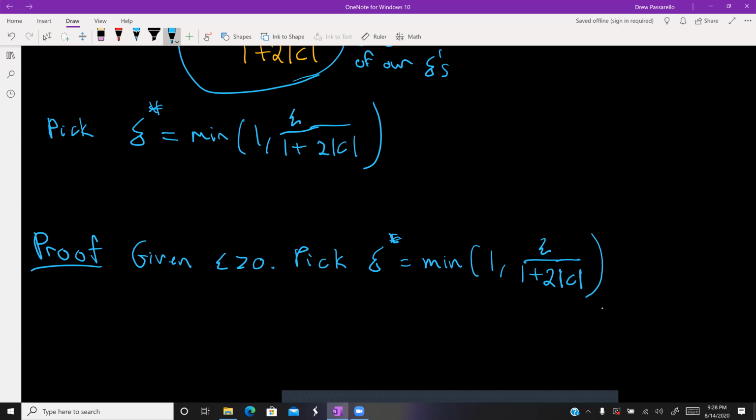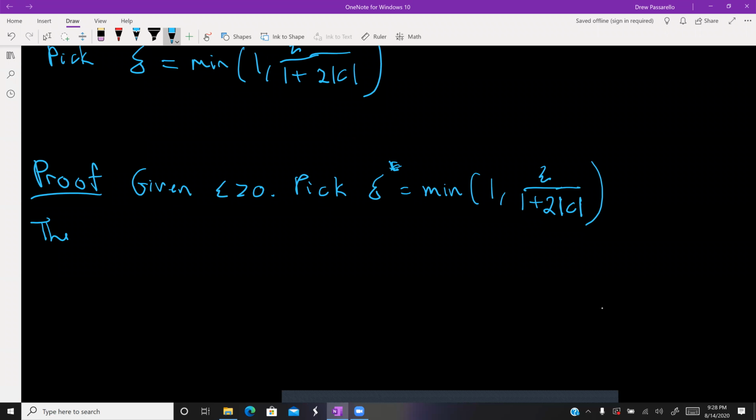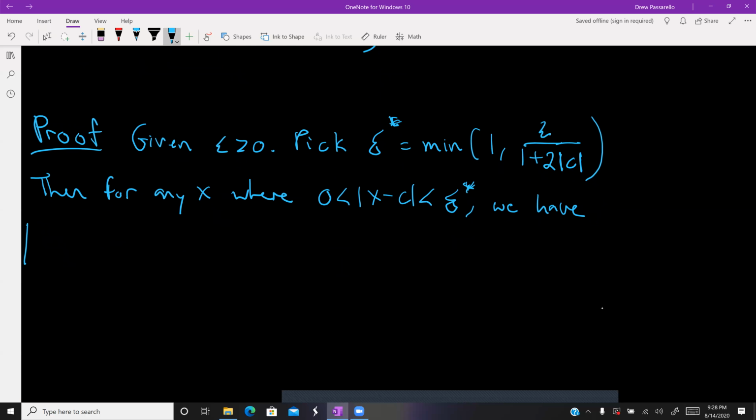Then for any x where 0 is less than the absolute value of x minus c, less than delta star, we have the absolute value of f of x minus L, that's going to be x squared minus c squared, which we said was x plus c times x minus c.